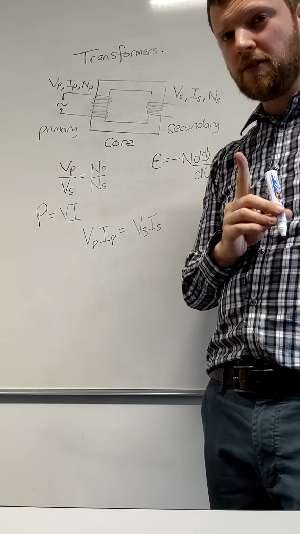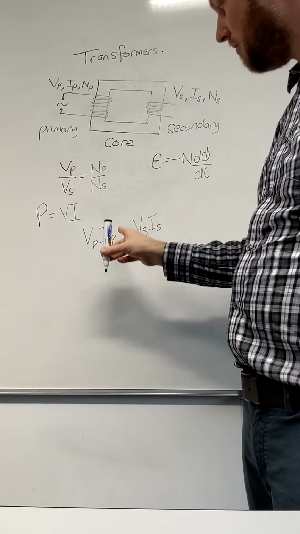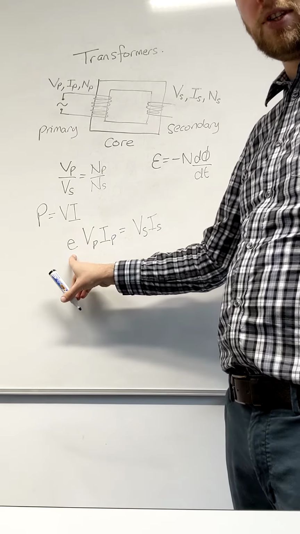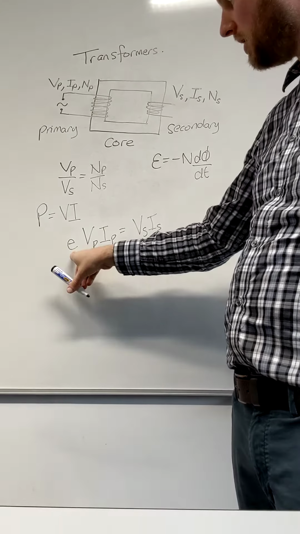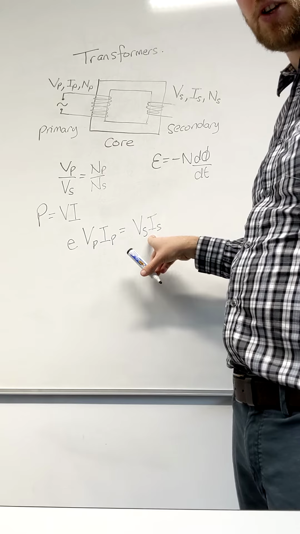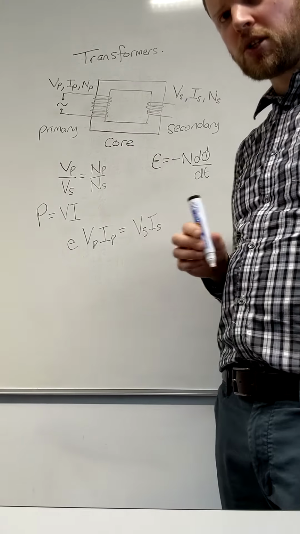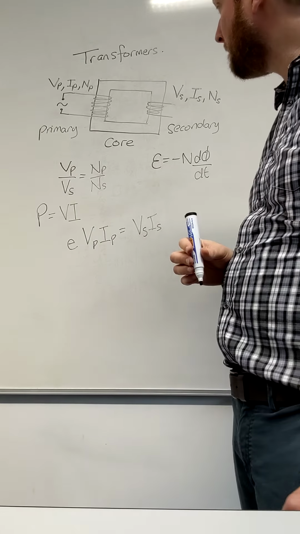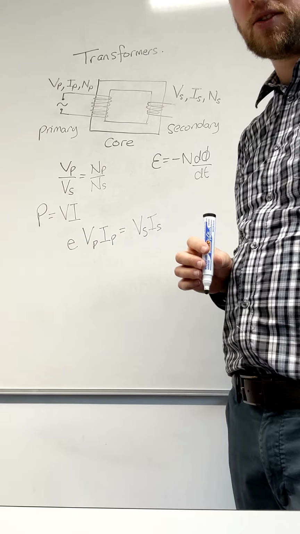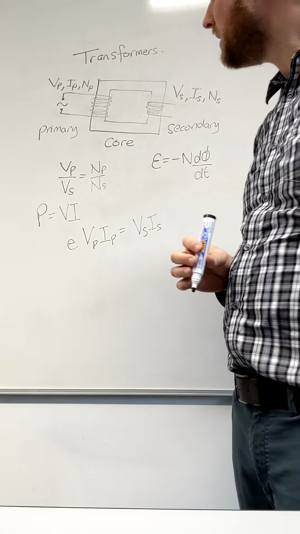But that's only if it's 100% efficient. If not, then we should multiply by the efficiency. So the efficiency multiplied by the power will tell us how much we get out of the secondary coil. Now, transformers are quite efficient things. Most transformers are above 90%. Nothing can be perfectly efficient.